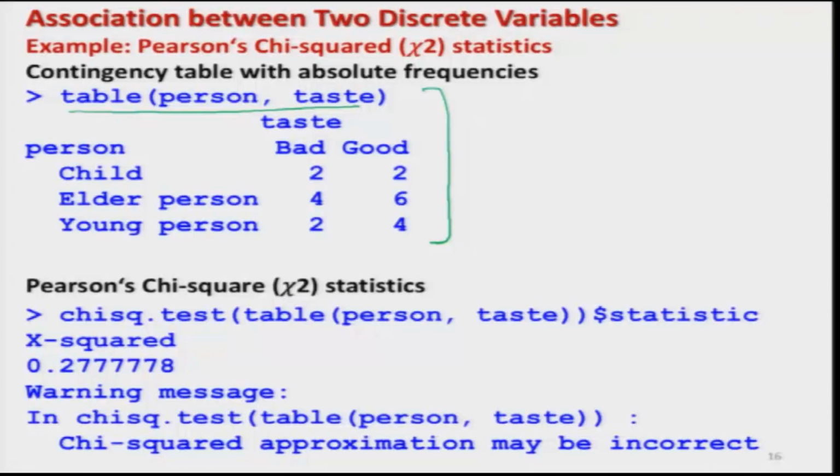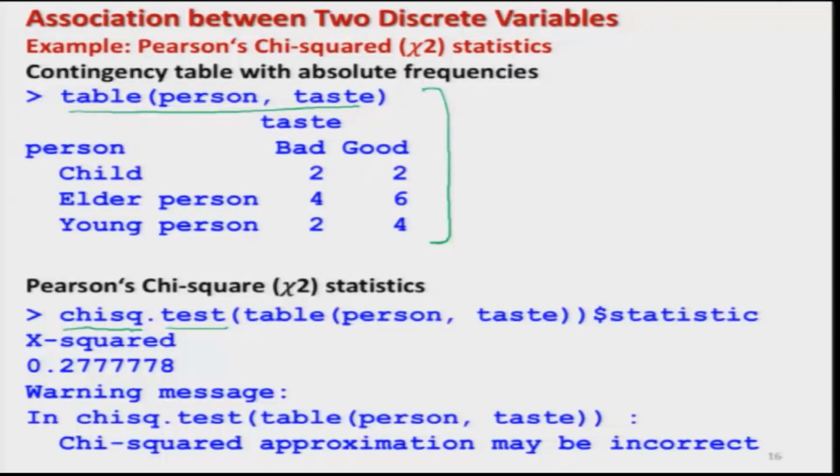Now, in order to obtain this chi-square statistics, I am giving you two things. One is the command and second is the application on this example. The command here is CHISQ.TEST.